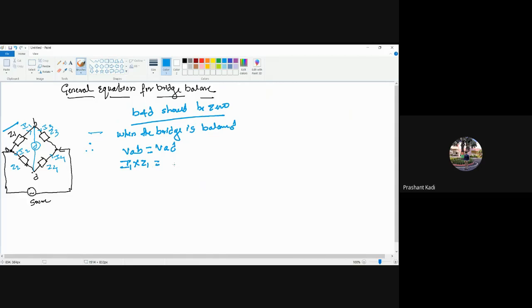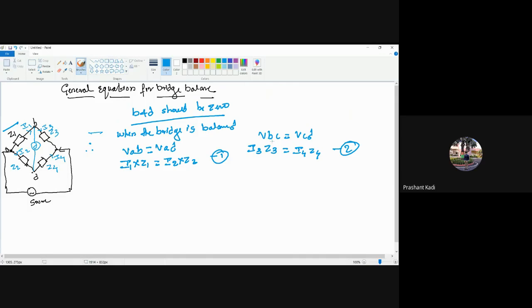So I1 Z1 equals I2 Z2, where I2 is the current flowing through the second branch and Z2 is its impedance. This is equation number 1. Similarly, when the bridge is balanced, we have VBC equals VCD, that is, I3 Z3 equals I4 Z4. This is equation number 2.